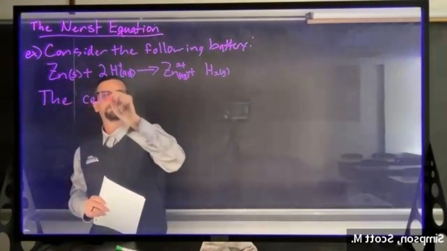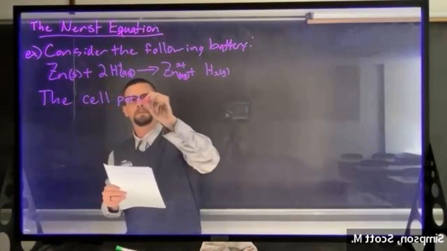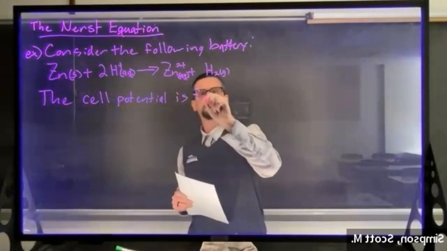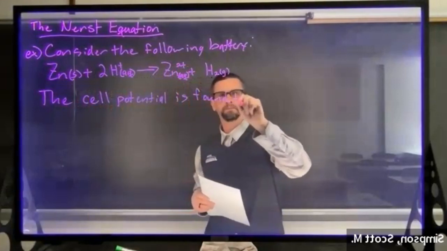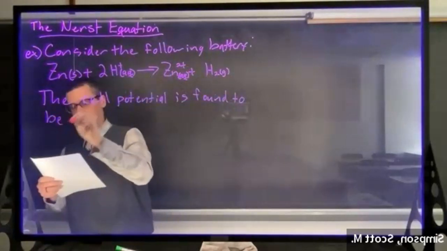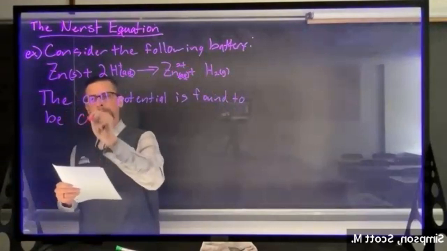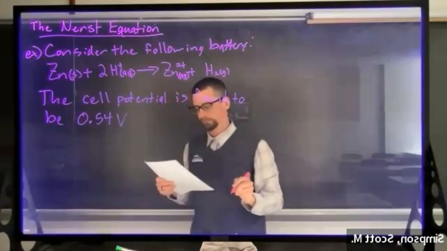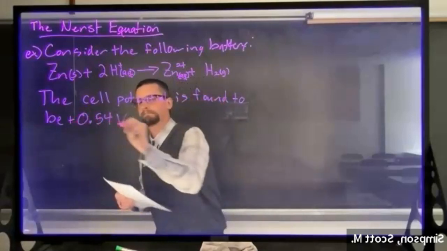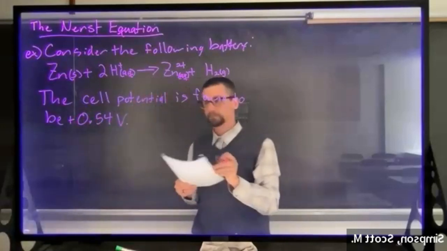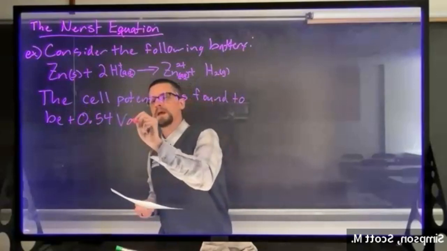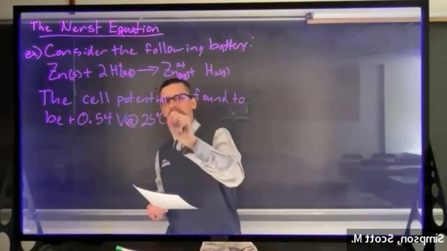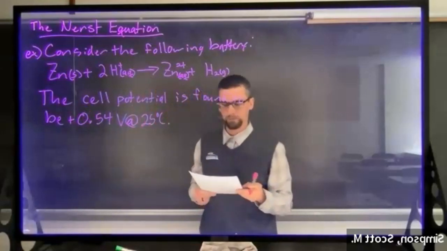The cell potential is found to be 0.54 volts positive, at 25 degrees to make our lives easier.